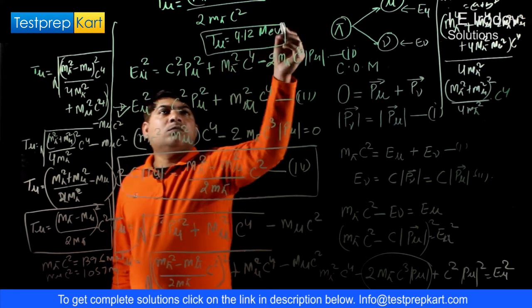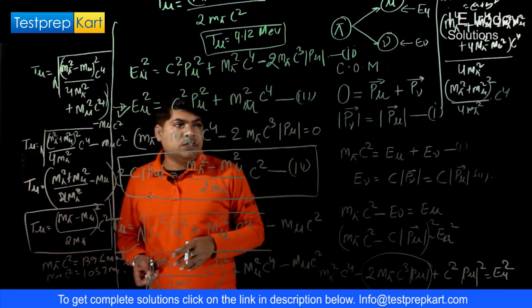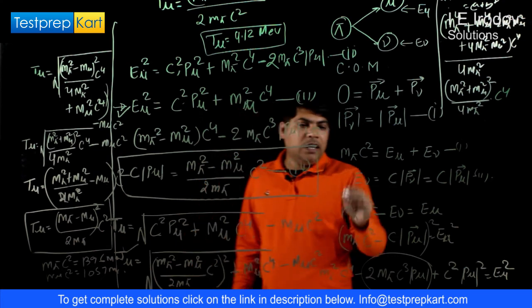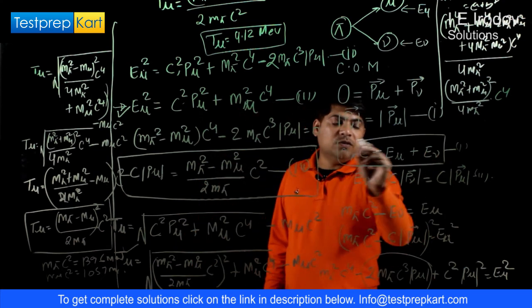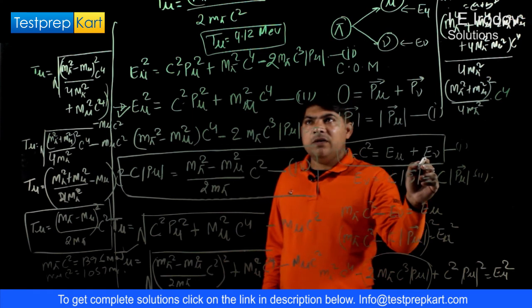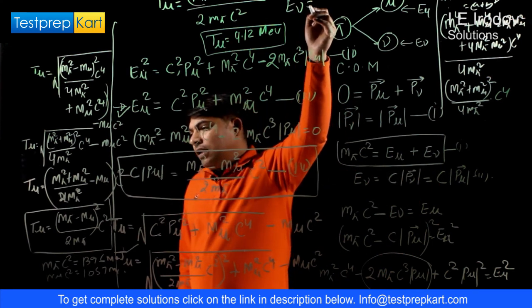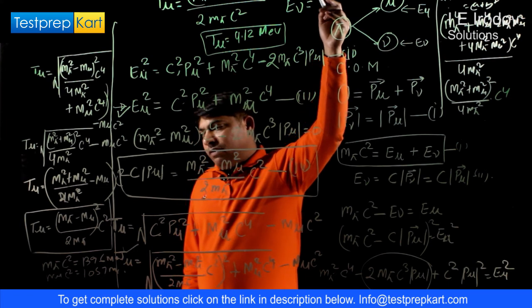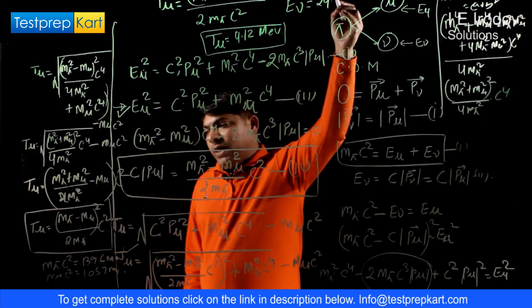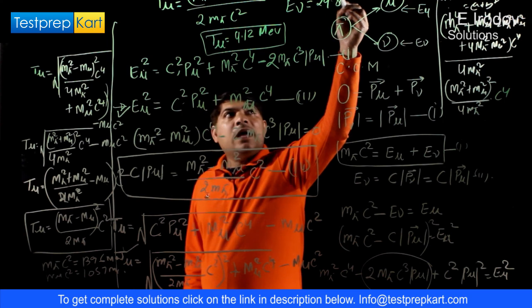Similarly, as we have the relation m_pi c² equals E_mu plus E_nu, from here we can calculate the energy of the neutrino as well using this equation, and from there we'll get 29.8 MeV.